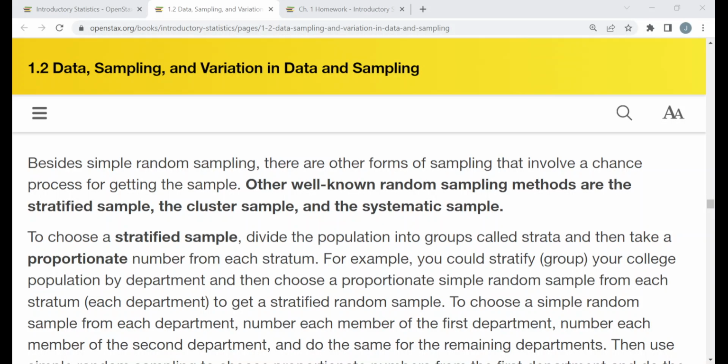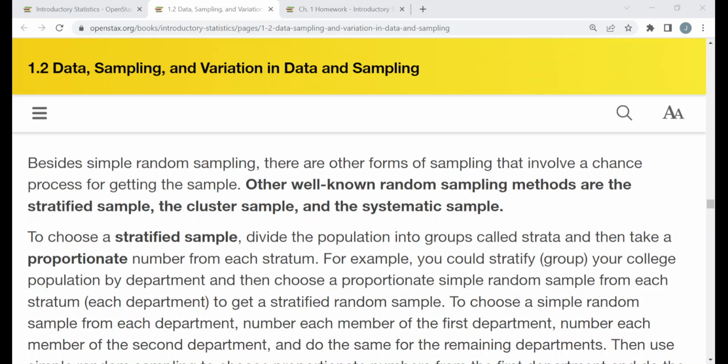Now back in the reading, they give an example as well, right? For example, you could stratify or group your college population by department: math department, history department, English department, and so on. Those are the strata. And then choose a proportionate, simple random sample from each stratum. So from each department, you pick some names out of a hat.